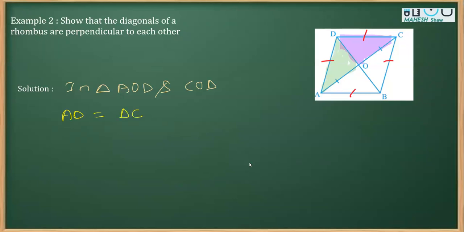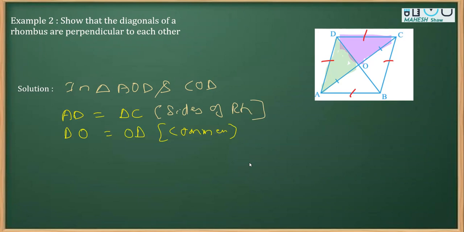Clearly, this AD is equal to DC because these are sides of a rhombus and the sides of a rhombus are equal, right? Now, once we have written AD is equal to DC, we can also see that there is one common side, that is DO. So DO is equal to OD, and that is the common side.